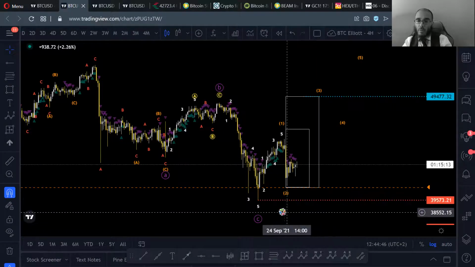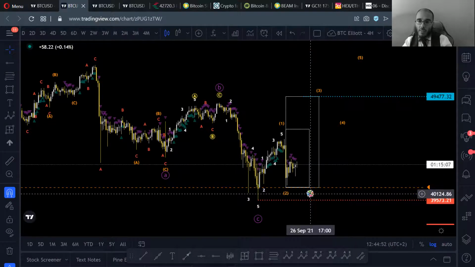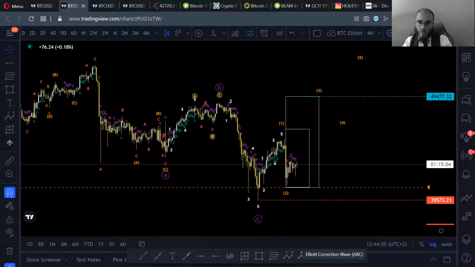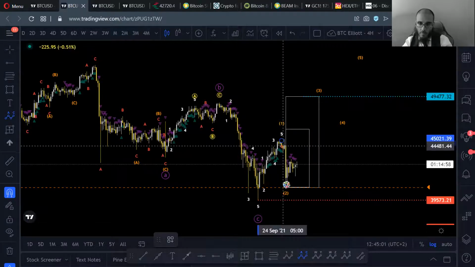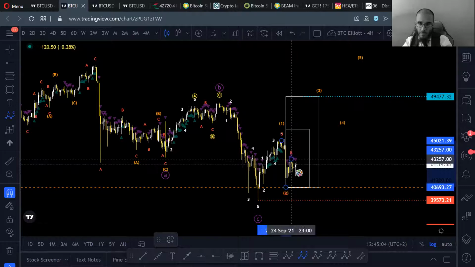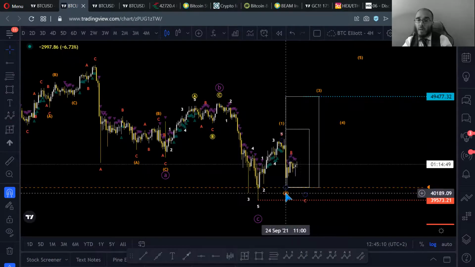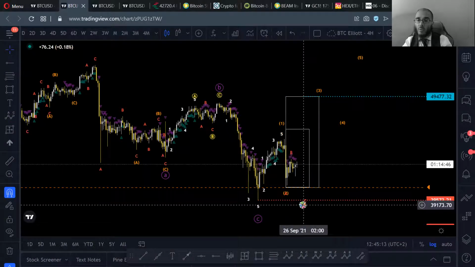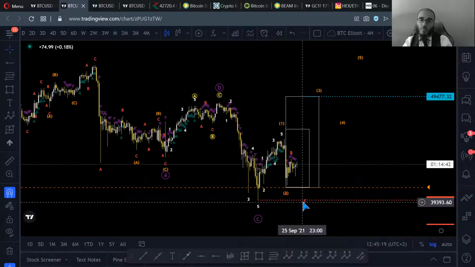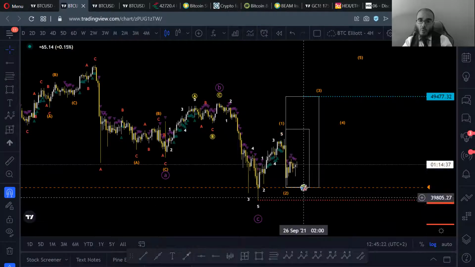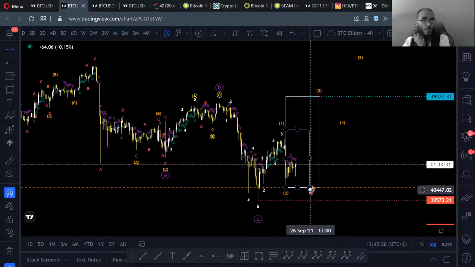I'm sure it's over when we break the wave C low, because if I look at this, I could say there's an ABC forming like this: A, B, C, and that C is still above that. Then I would put wave 2 here instead of here. But it's still higher than 39,573. That's why I'm not sure that you should put your stop loss up to here. You should only do that if you're confident that wave 2 is over.